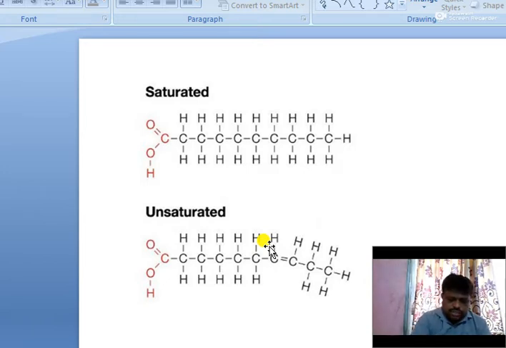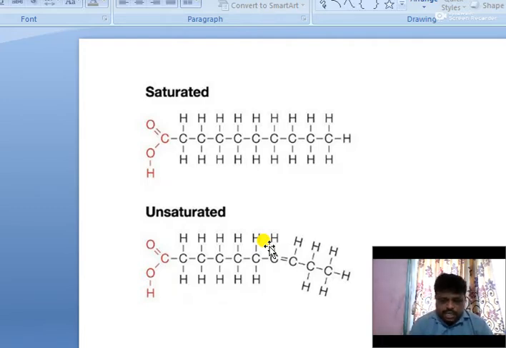Unsaturated fatty acids are hydrogenated to produce the fats. Hydrogenation means addition of hydrogen to the liquid unsaturated fat to form a solid.